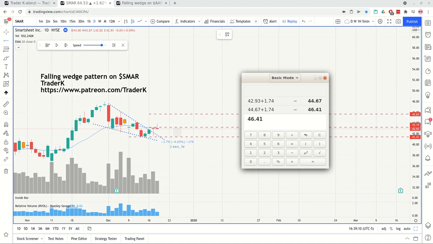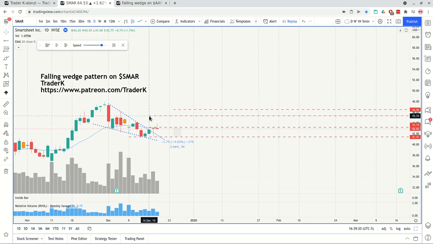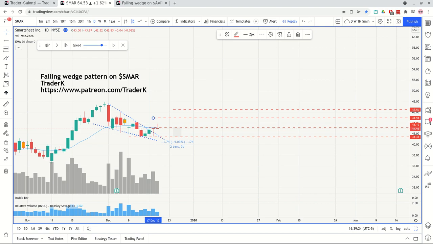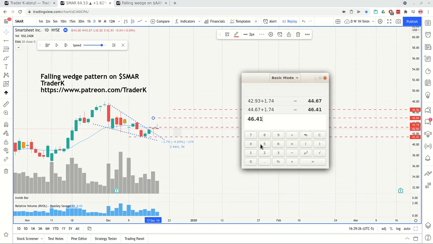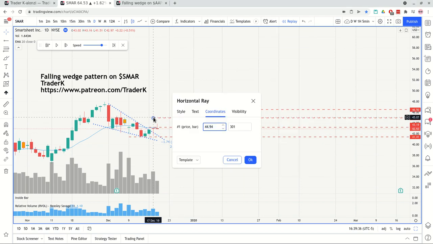Oh, okay. Actually, I raised the first R level to a higher level. It should be around here. Okay, 42.93 plus 1.74 will be 44.67. Sorry.